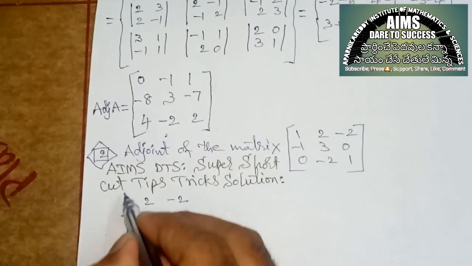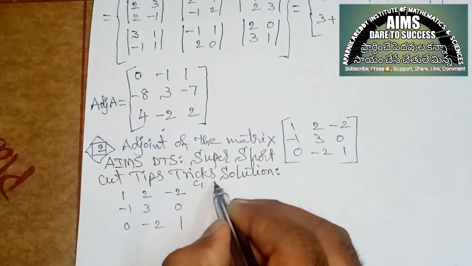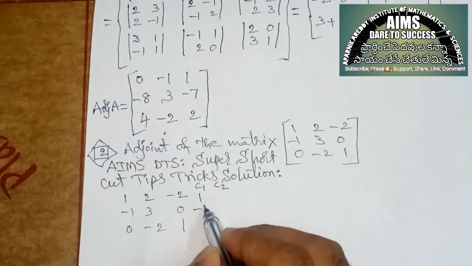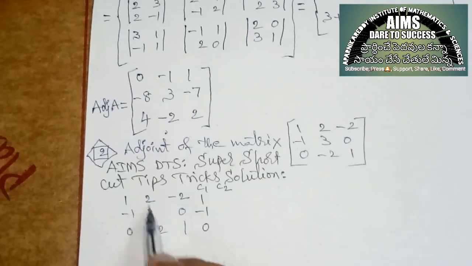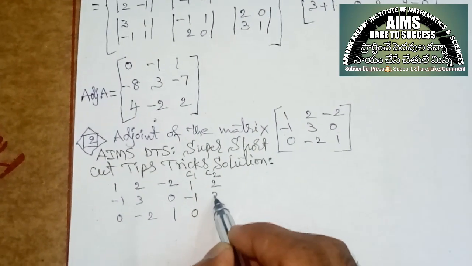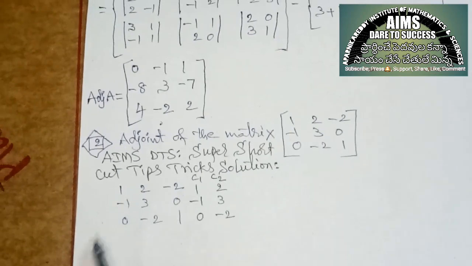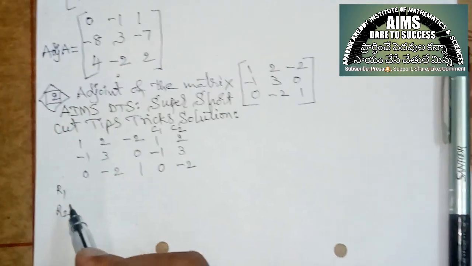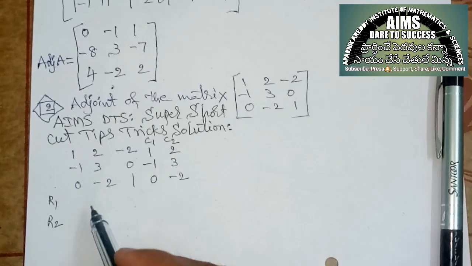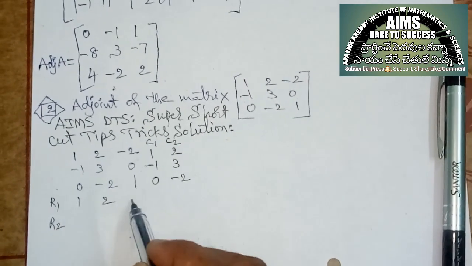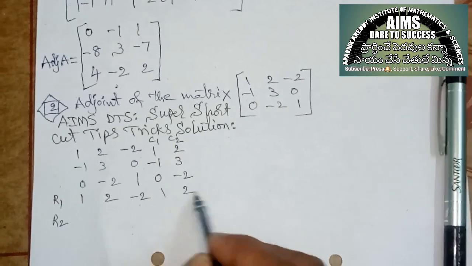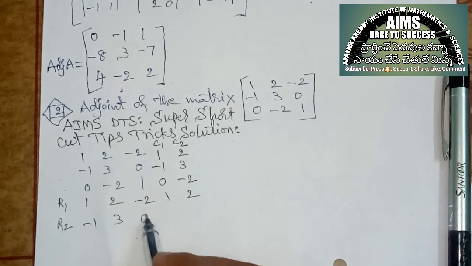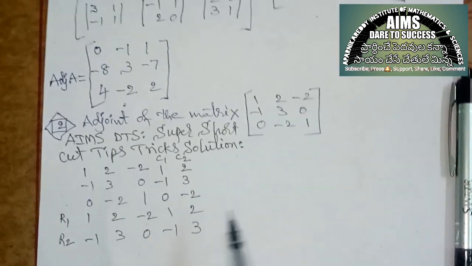After that, column 1, column 2, copy paste: 1 minus 1 0, column 2 values 2 3 minus 2. Next, row 1, row 2, copy paste: row 1 value 1 2 minus 2 1 2. After that, row 2 value minus 1 3 0 minus 1 3.